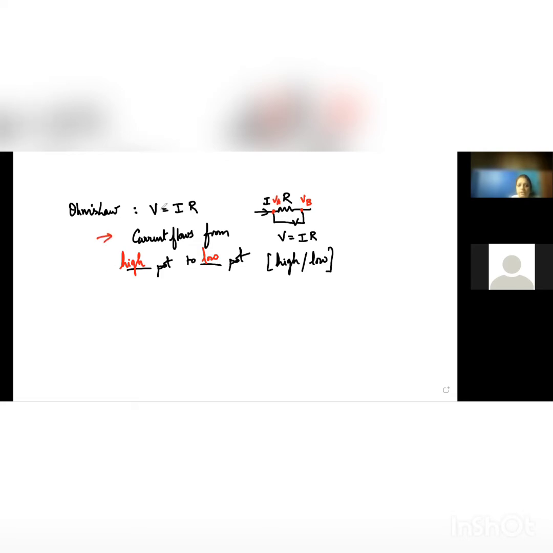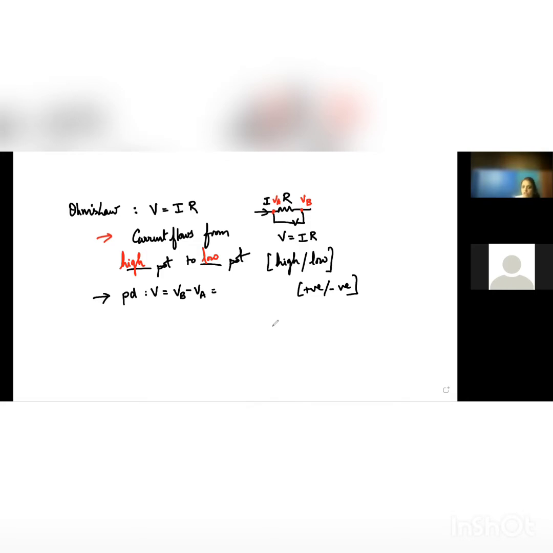And the next is the potential difference. PD stands for potential difference. V is equal to V final, VB minus VA. Now this is a positive term or a negative term. In the example that I have taken over here, will this be positive or negative?